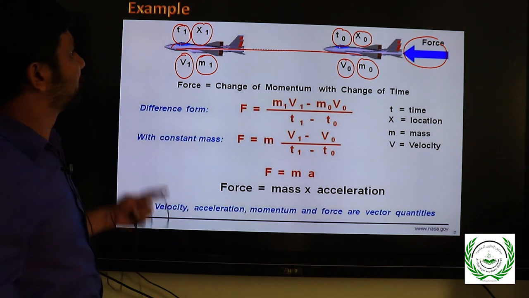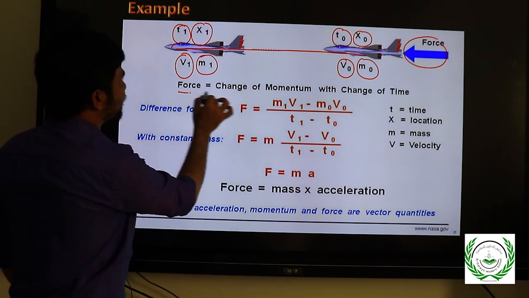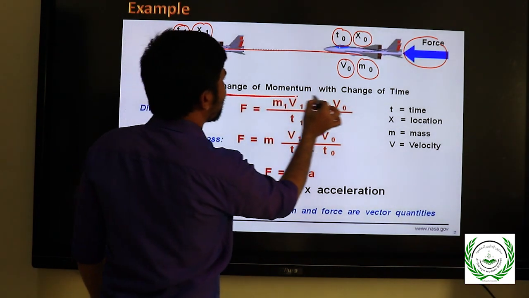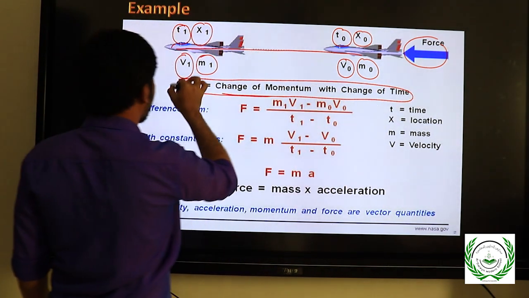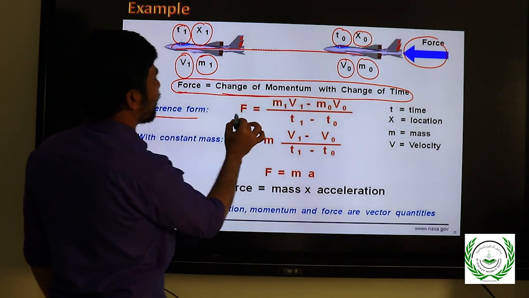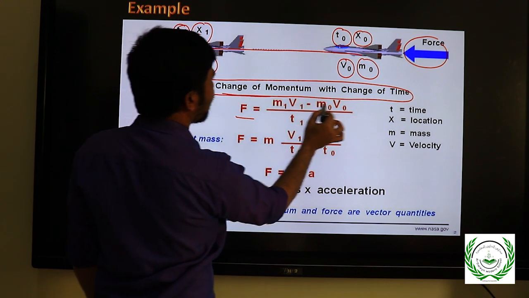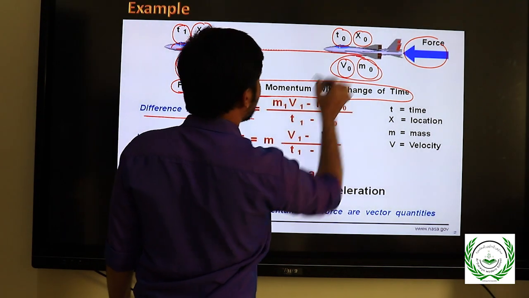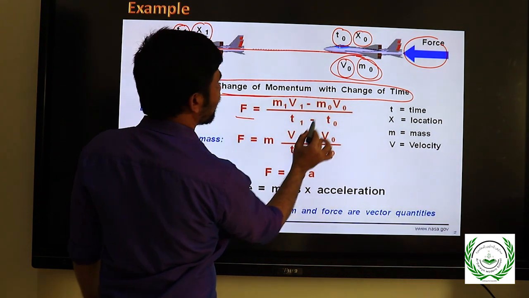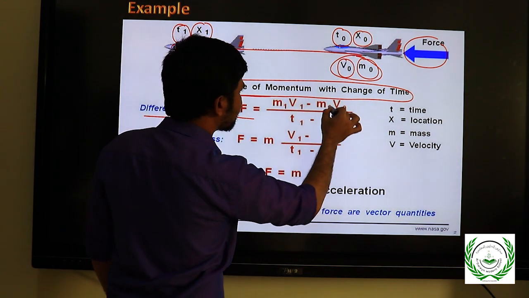Now let's see. Force is equal to the change in momentum with the change of time, as we know. In difference form, F equals m1 v1 minus m0 v0 divided by t1 minus t0. Why have we taken this?